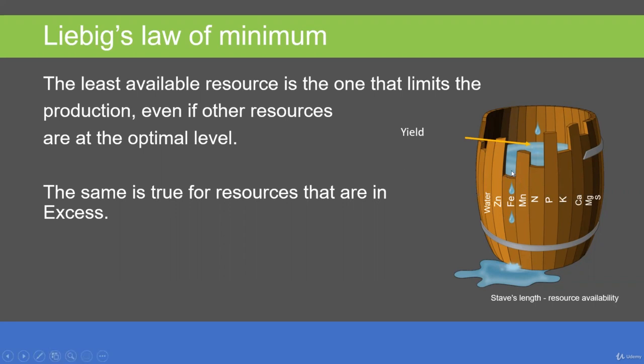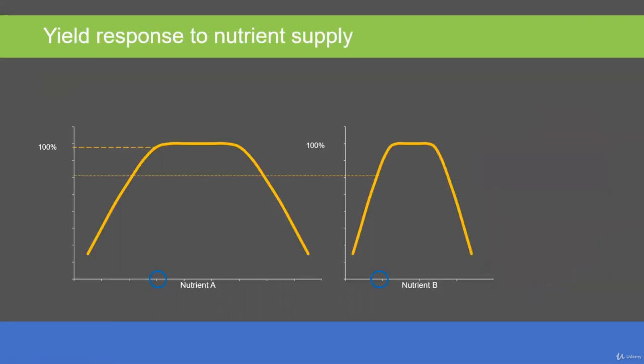The yield will be limited by the iron. In this case, iron is the least available resource, and we can see it also here.